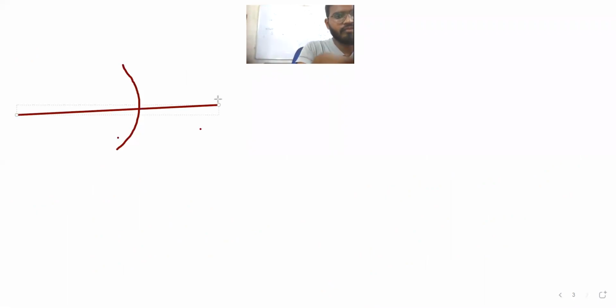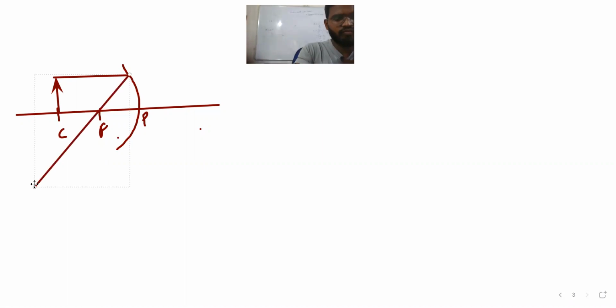Now we are going to see, with pole, focus, and center of curvature, if the object is at C, then the image will form at C only. So we will draw the image first.